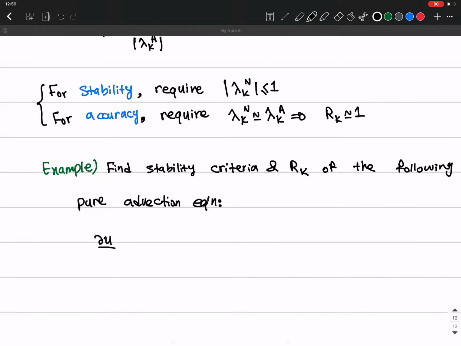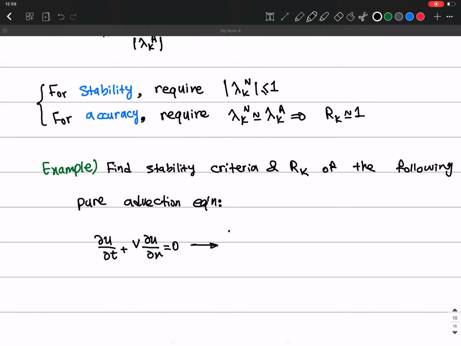And that is partial u over partial t plus v partial u over partial x equals 0. So this is an advection equation, a pure advection equation, and the previous one we had was a diffusion equation, so there is a difference here.